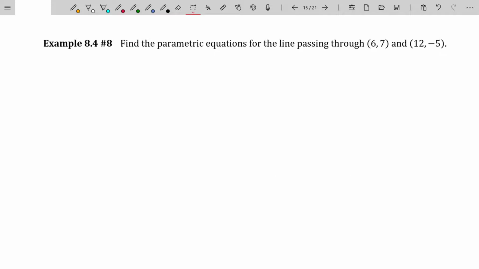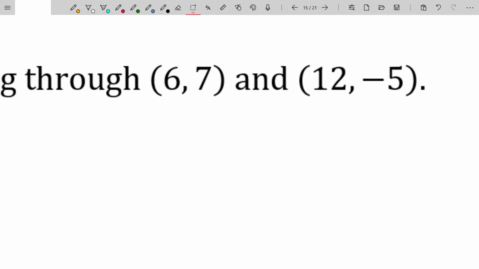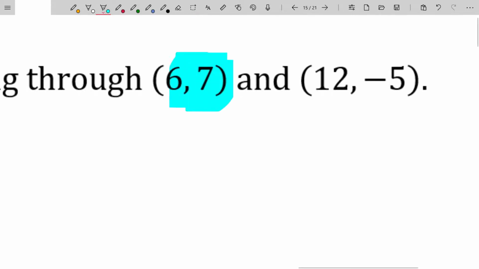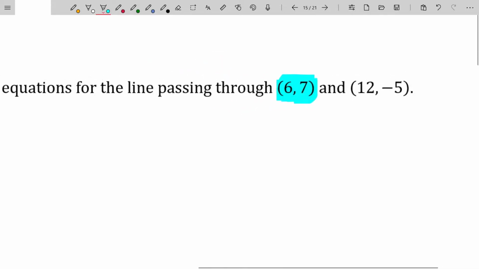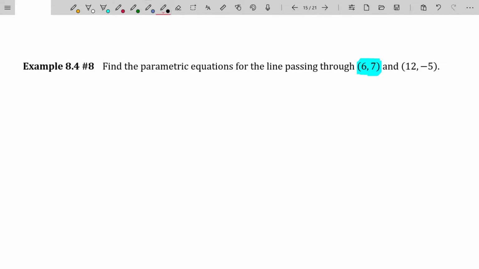So let's go ahead and use that theorem to find the parametric equations for the line passing through these 2 points. By the way, either of these points will suffice for x sub 1 comma y sub 1. So I'm just going to choose this point right here as my x sub 1, y sub 1. Also, you're going to need a slope, but that shouldn't be too difficult to find, right?